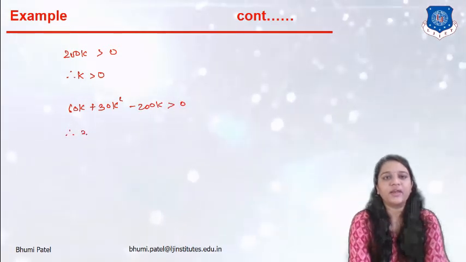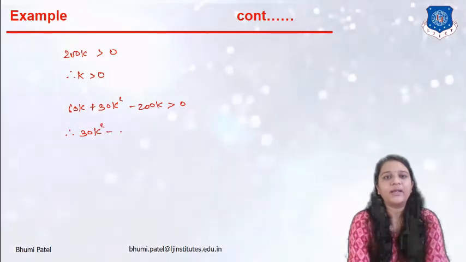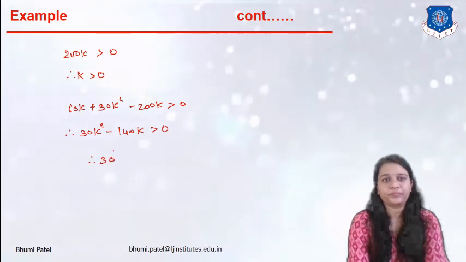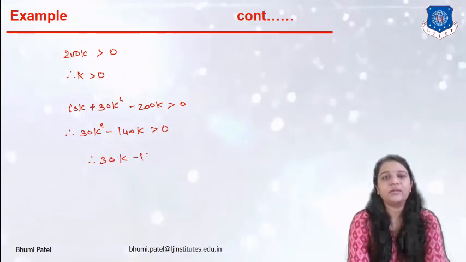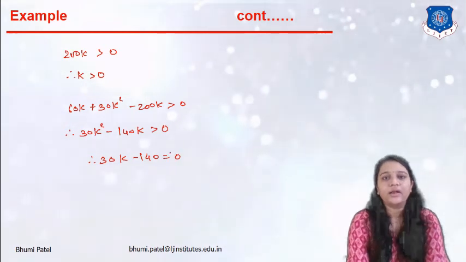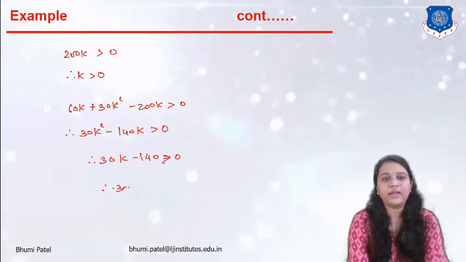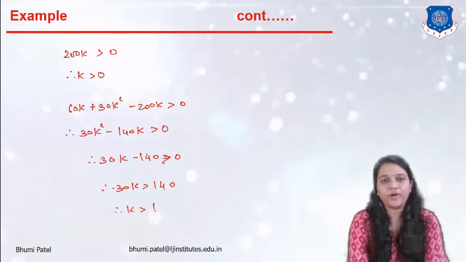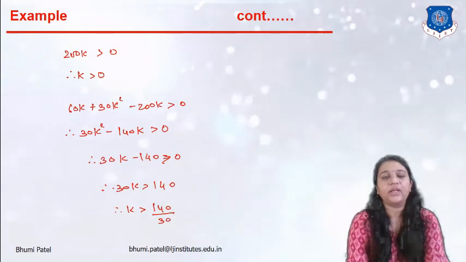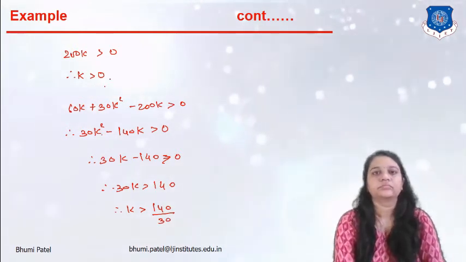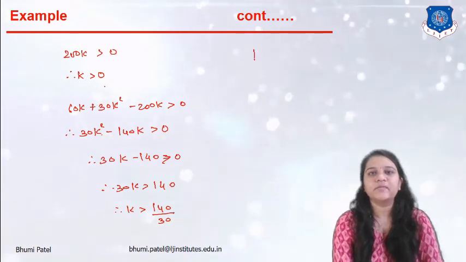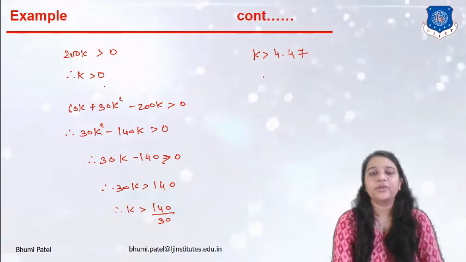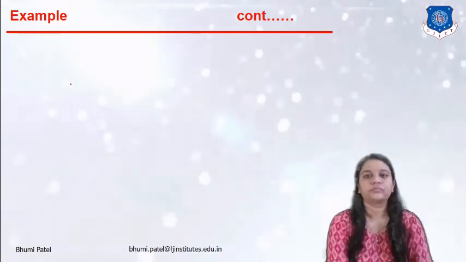Simplify this equation, we can get 30k square minus 140k greater than 0. That means 30k minus 140 greater than 0. That means 30k greater than 140. So the value of k will be greater than 140 divided by 30, and simplifying this, we can get k is equal to 4.67.